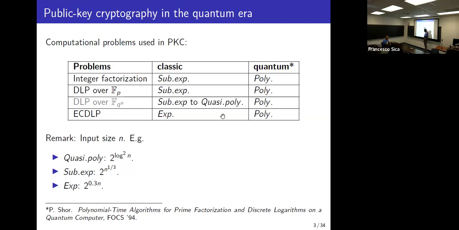If you look at their status for the classical algorithms, we already have a subexponential algorithm for integer factorization, and we also have a subexponential algorithm for DLP over prime fields, where the running time is roughly 2 to the n to the 1 over 3, with some extra log n factor, where n is the number of bits of the problem.